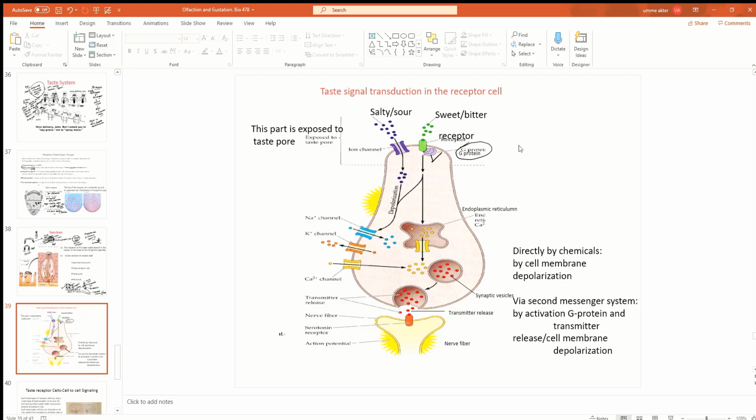Okay, these are the subunits, and sweet, bitter, as well as umami, as I mentioned, they activate the G protein, and that would release the calcium from the endoplasmic reticulum. So intracellular release of calcium.